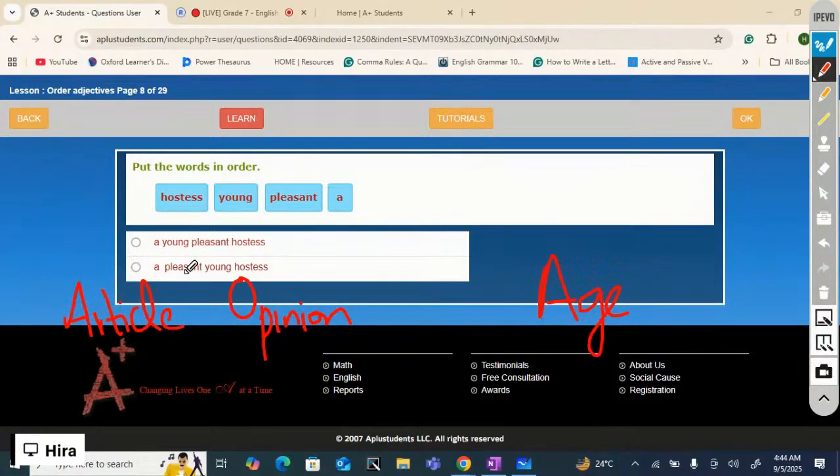So, opinion pleasant, age young, hostess the noun. A pleasant young hostess. So, which one is correct? Option number two.